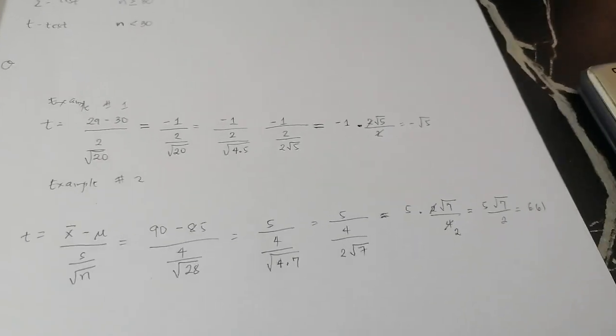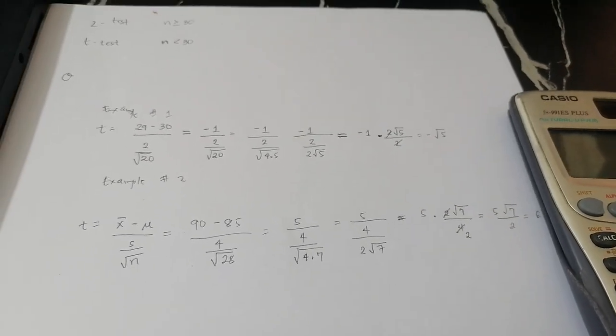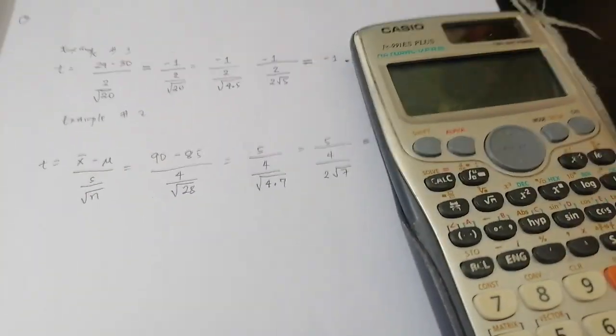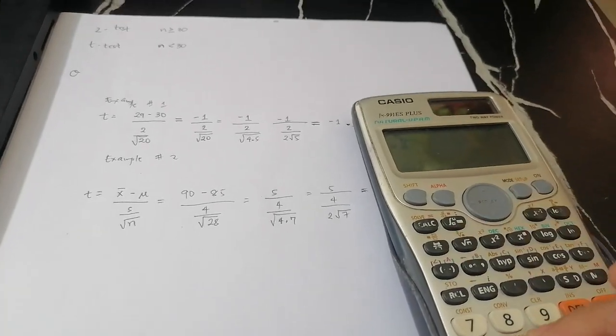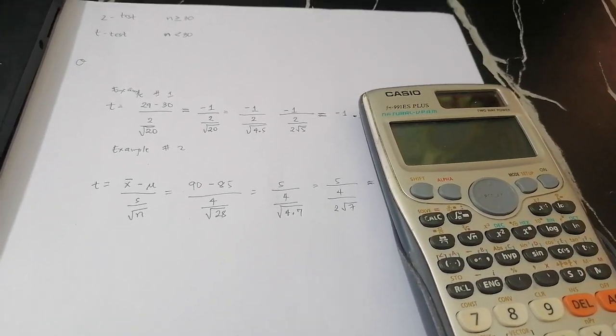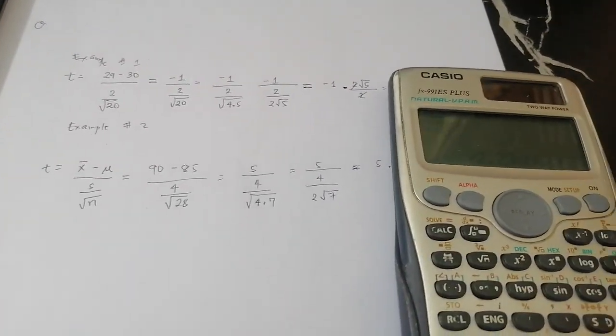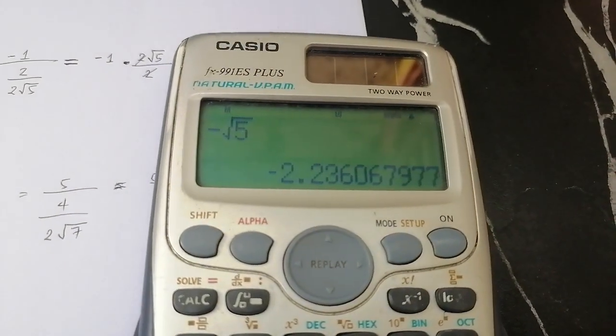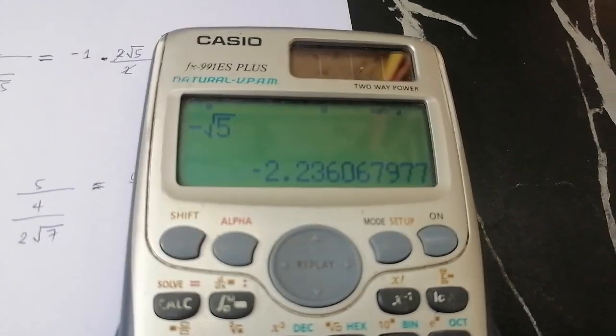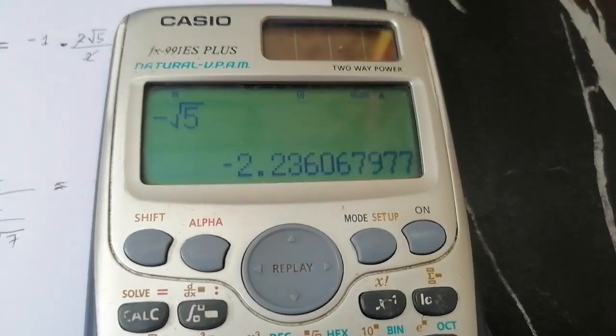So that is the answer. And for example number 1, negative square root of 5 is negative 2.24.